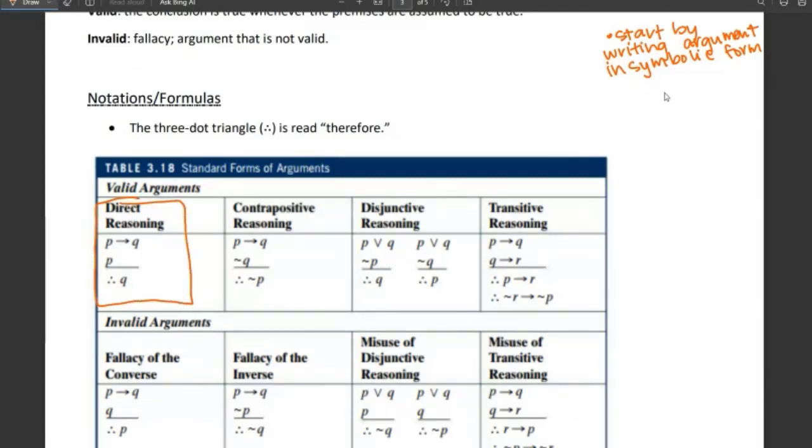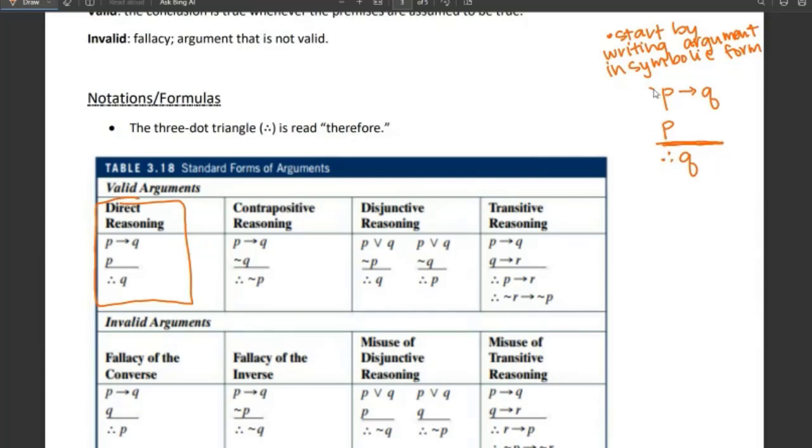We have if P then Q, and then we have P. These 3 dots is read, therefore.